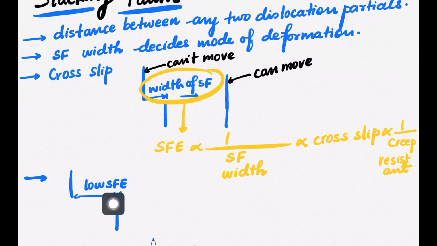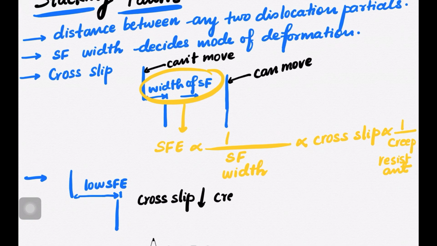In this case, what will happen? Cross slip will not be easy, it will be difficult. If it is difficult, then the creep resistance will be more. So in this case, cross slip decreases and creep resistance increases.